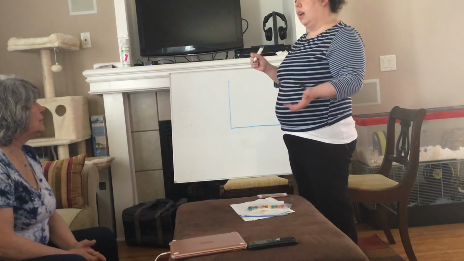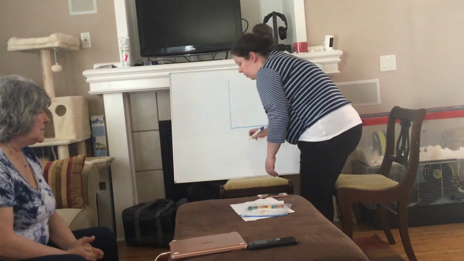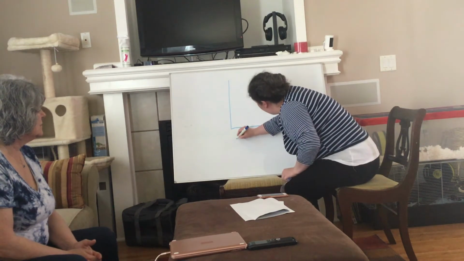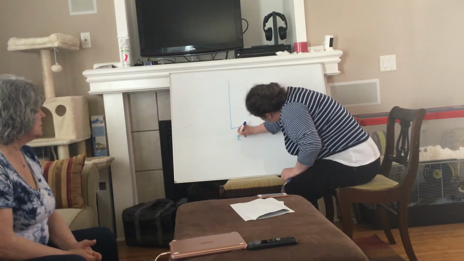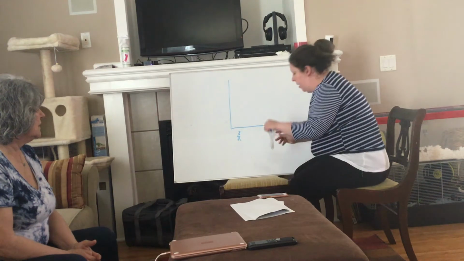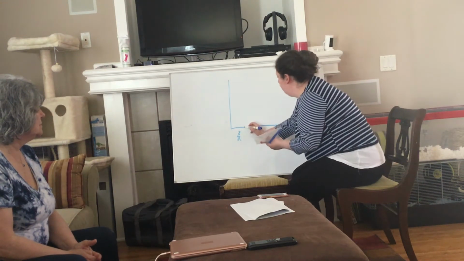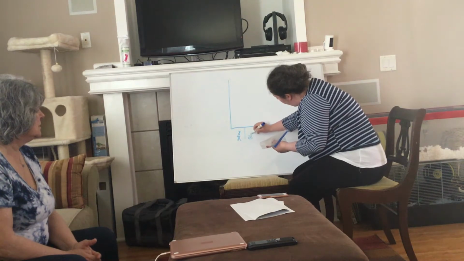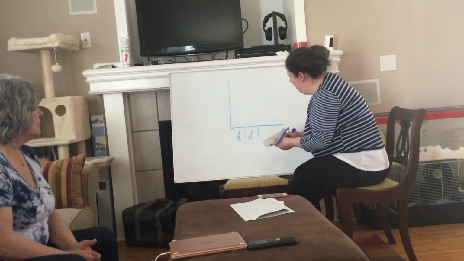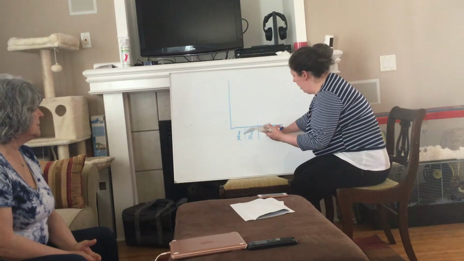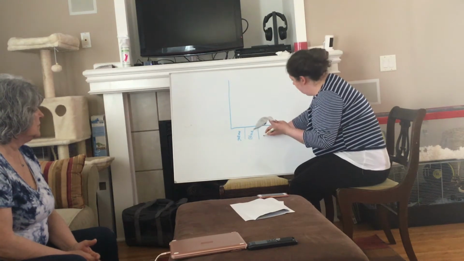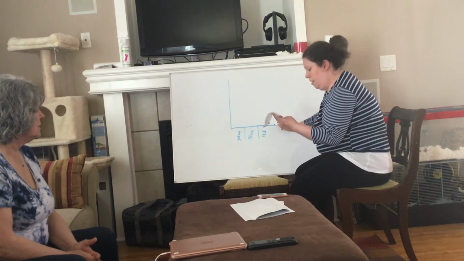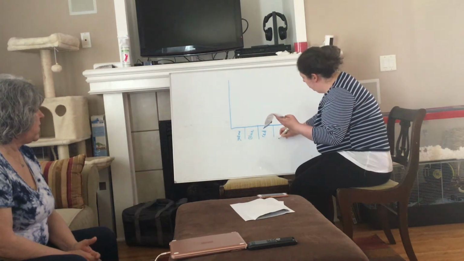The colors. The colors, yeah. So what's one of our colors then? What should I write down? Yellow. Okay, so we've got yellow. What else? Blue. Okay, blue. Okay. Red. Okay, we've got red and orange.